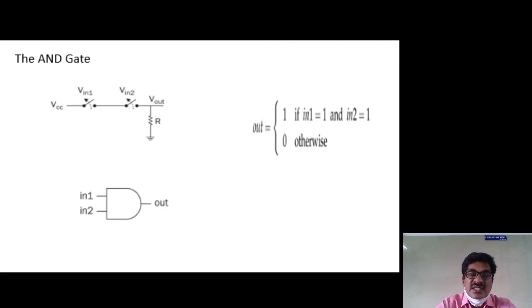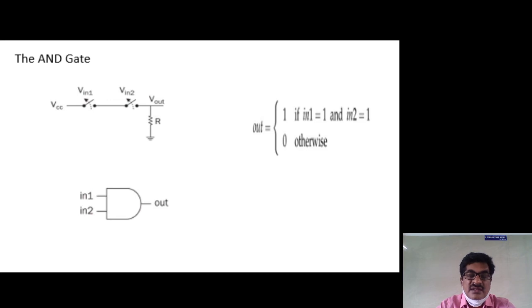In order to see current flow from one end to the other in a series connection, all the switches must be switched on. That happens when both inputs are at logical high. Then the output Vout is equal to VCC. So that is the switch connection showing the AND gate functionality.